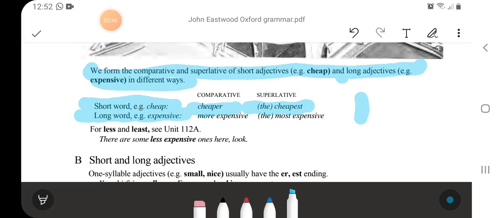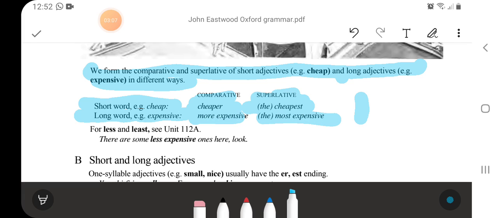So these are long adjectives, and whenever there are long adjectives, more syllables than two, जब दो से ज़्यादा syllable होते हैं किसी भी word में, तो फिर वहाँ हम use करते हैं more और most expensive. There we don't add er, जैसे cheaper में हमने er add किया, cheapest में हमने est add किया. So there should be a question in your mind: when to use er and when to use more and most.